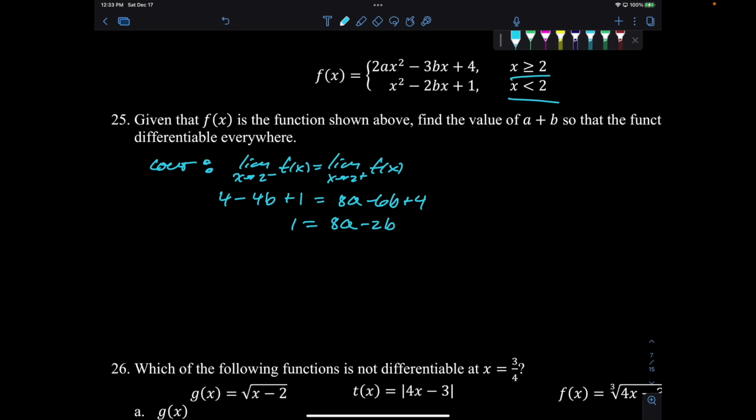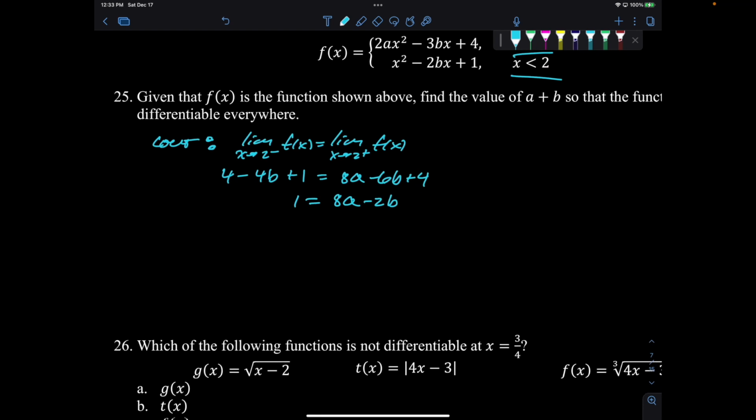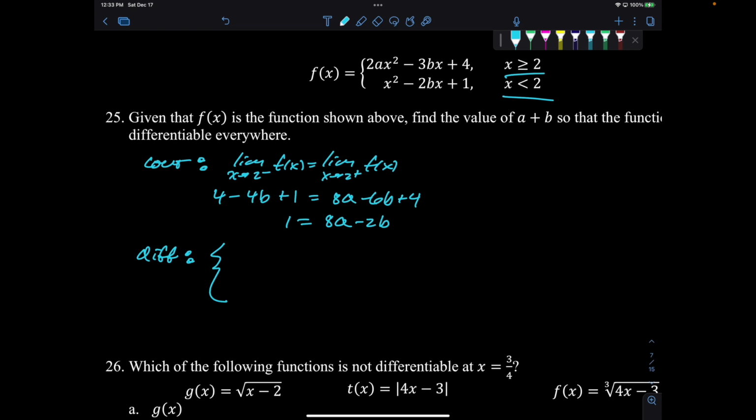So that's a relationship. Now we want differentiable, which means I'm going to find the derivative of each branch. There's nothing fancy about this. These are both just power rule situations. So 4ax minus 3b, that's going to be when x is greater than 2.